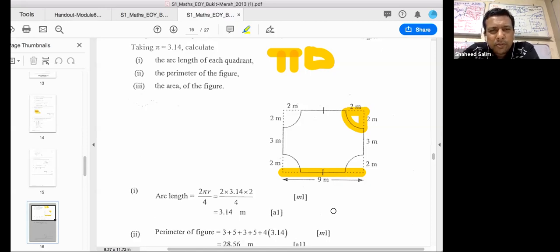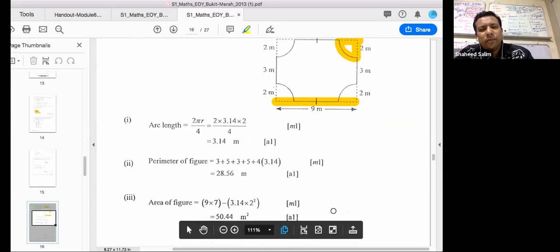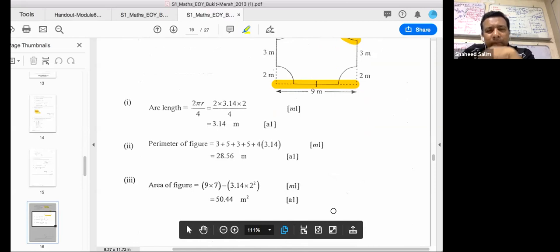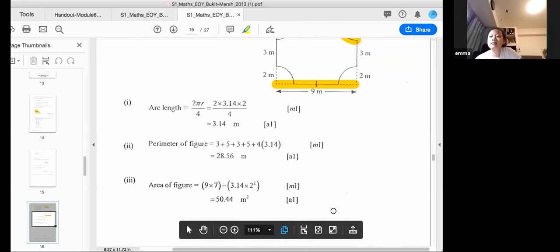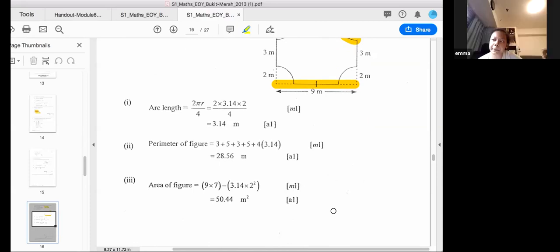I don't know. 50.44. Okay. But the area and the circumference are the same? Is it true? 3.14 times 4 is the same as 3.14 times 4.